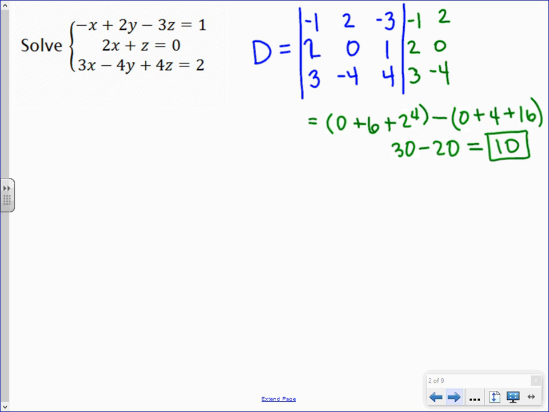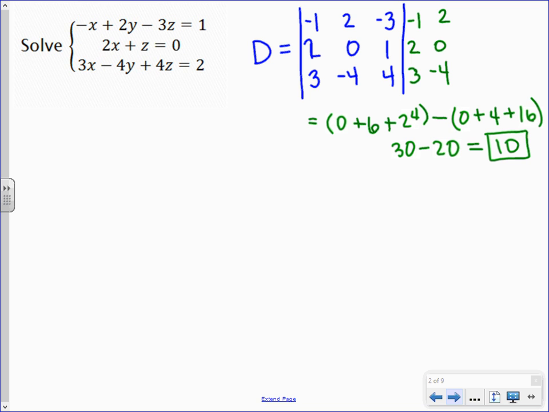Check your work with what I have up here. Okay, are we all getting 10?